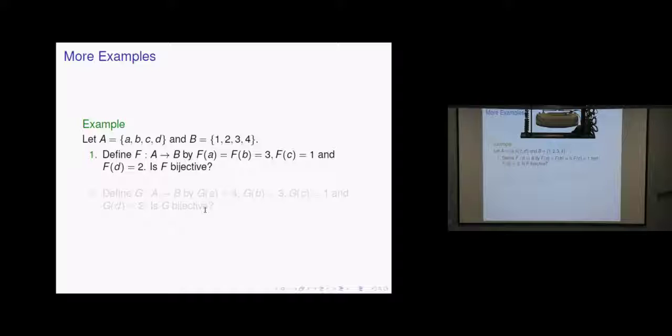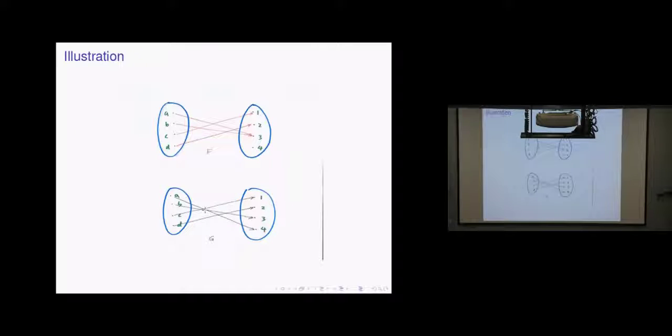Now, using cooked examples again, let me show you the picture. The capital F is defined here. Here I have A, B, C, D mapped to 1, 2, 3, 4. If F is like this, the capital F is neither injective because A and B shoot to the same 3, nor is it surjective because it missed the 4, right?